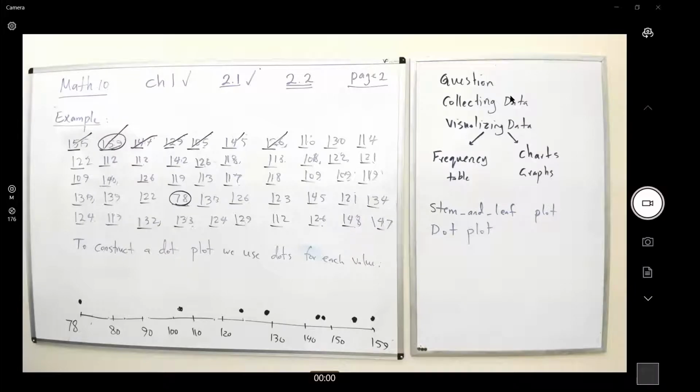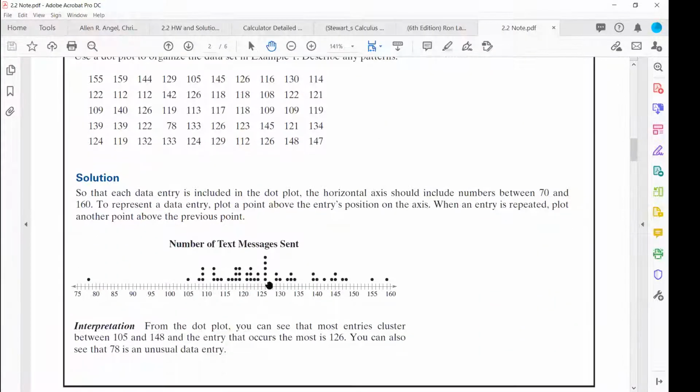When you construct your dot plot, it is going to be like this dot plot here. And as you can see, the majority of the data, the number of dots, are clustered between 105 and 148. So most of your data entries or these numbers are clustered here.